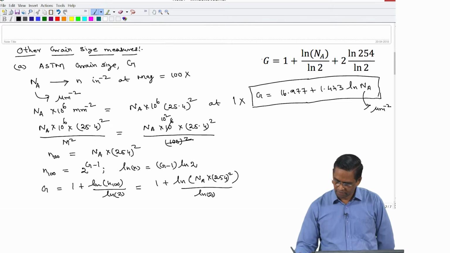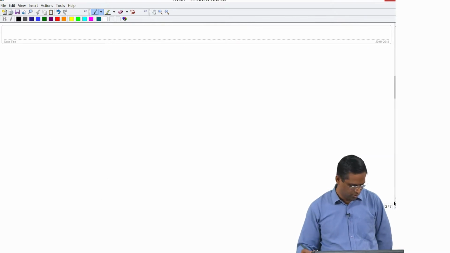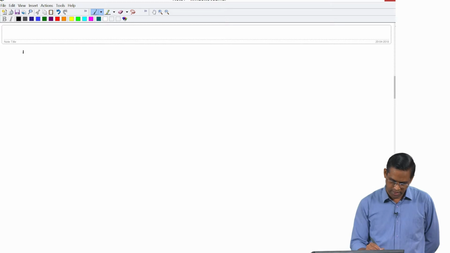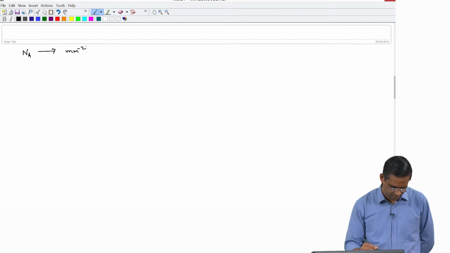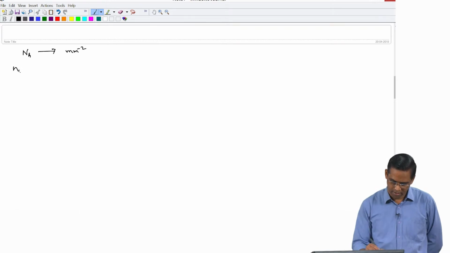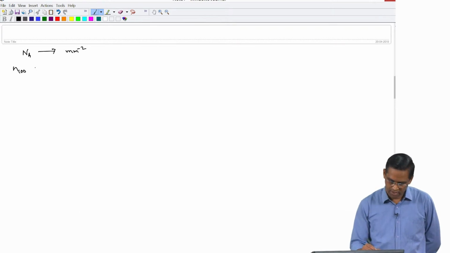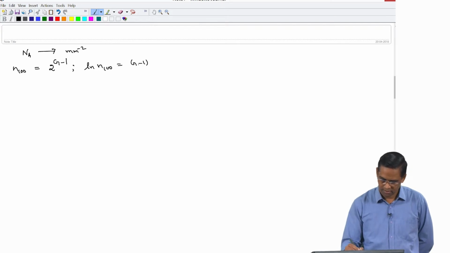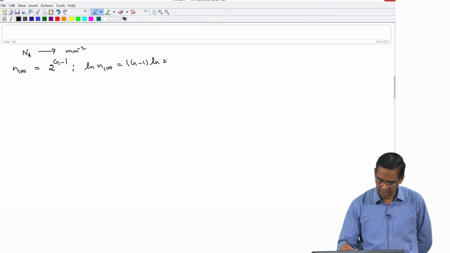For the sake of clarity, I will do that again. Suppose NA is expressed per mm square, then you rewrite this equation, N at 100 mag is equal to 2 to the power G minus 1, then again same as what we have done previously.